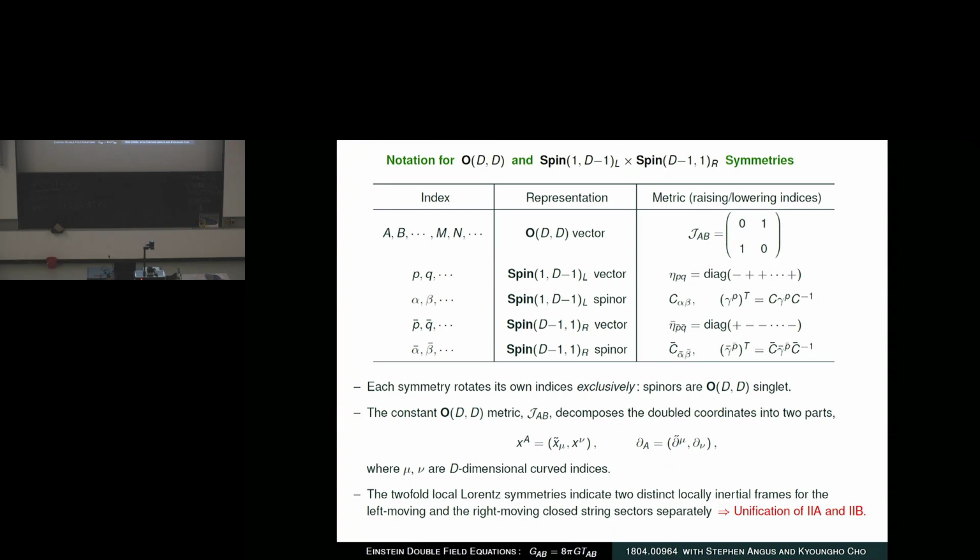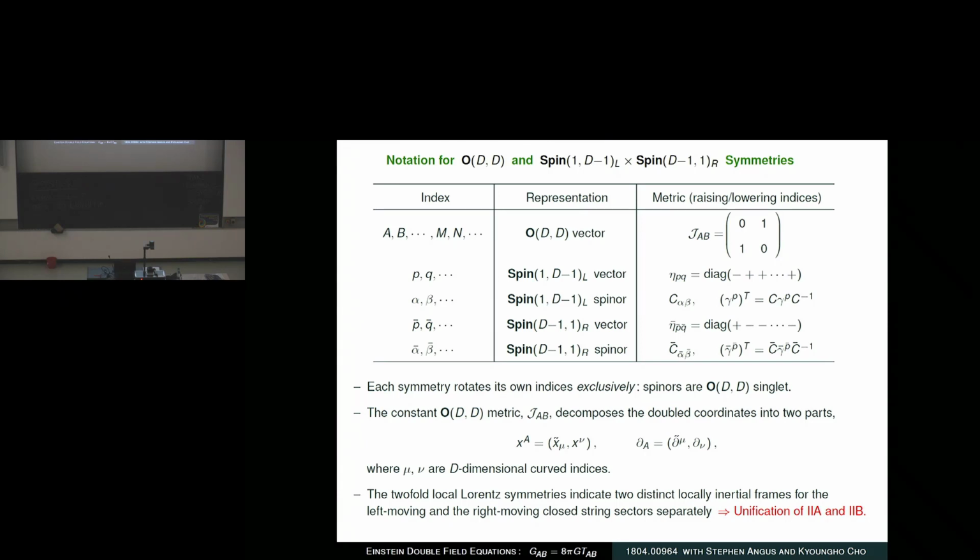There are corresponding metrics in the sense that they can raise and lower the indices freely. So we have the O(D,D) invariant metric in this block off-diagonal form, where one is the D by D identity matrix here. We have two D-dimensional Minkowskian metrics, mostly plus eta, mostly minus eta bar.